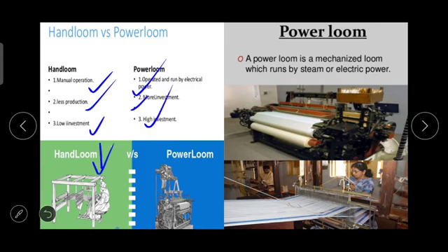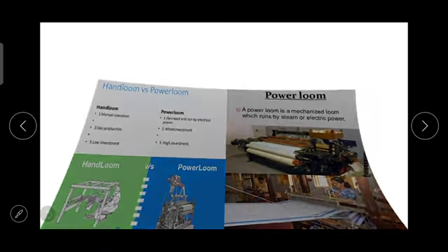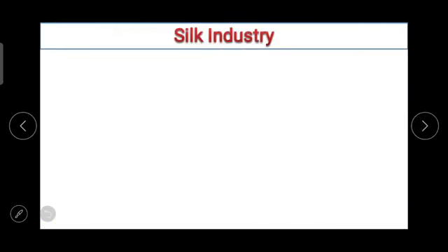Here you can see the handloom and the powerloom where machines are used. A powerloom is a mechanized loom which runs by steam or electric power, and that is why it is called a powerloom. And in handloom you can see the word hand. So, this is the basic difference between the handloom and the powerloom.